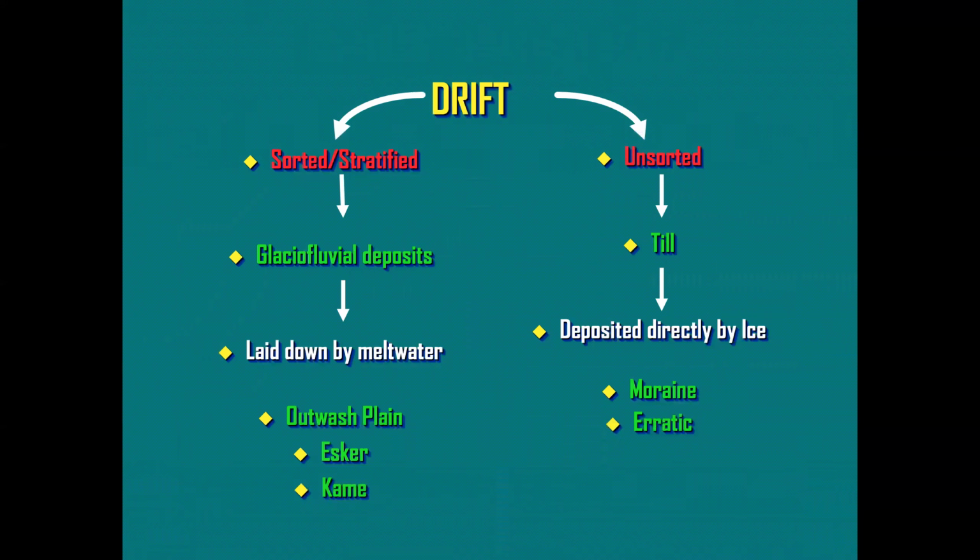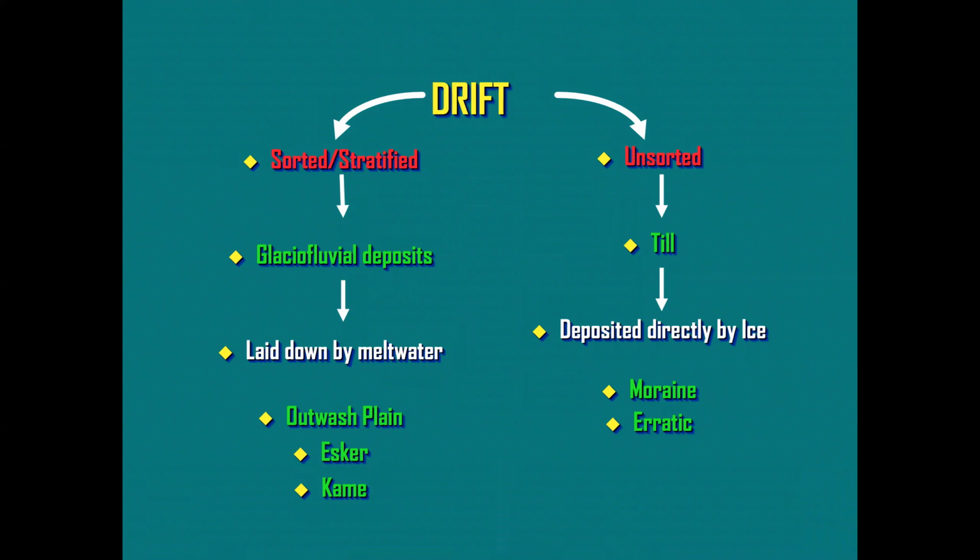And here's the idea of drift. We've already talked about outwash, which would be this, laid down by the water. And the other would be unsorted, which is basically what happens at the end of a mall parking lot when the plow lays all those big snow piles. When the snow is gone, you're left with bits of asphalt and Coke cans and cigarette butts, right?